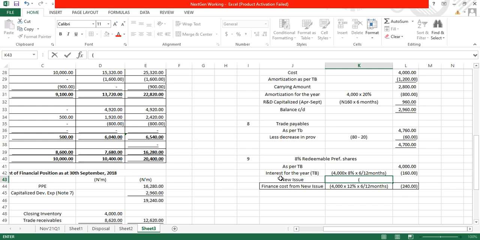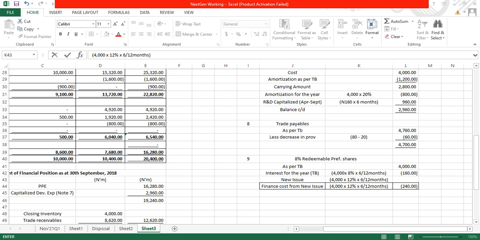What's the new issue? 4,000, right? 4,000 was issued newly at 12%, right? And it was issued during the year, 6 over 12 months, right?